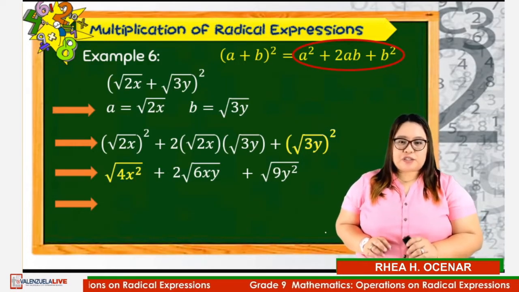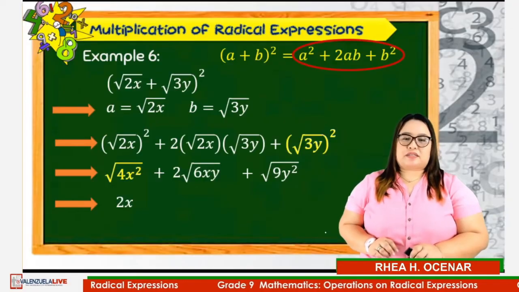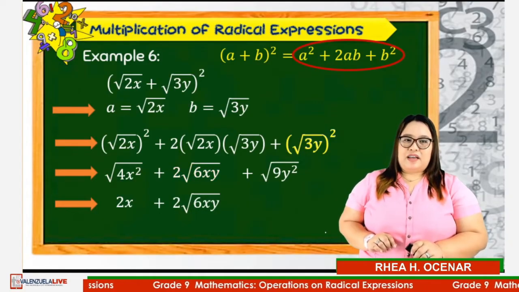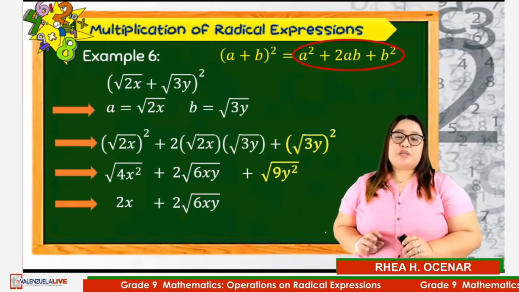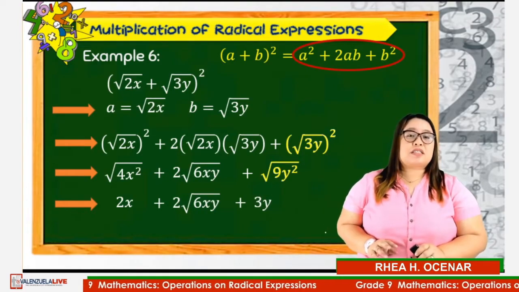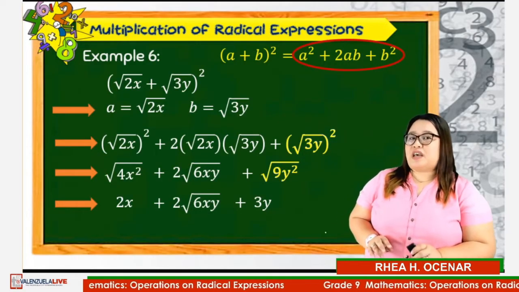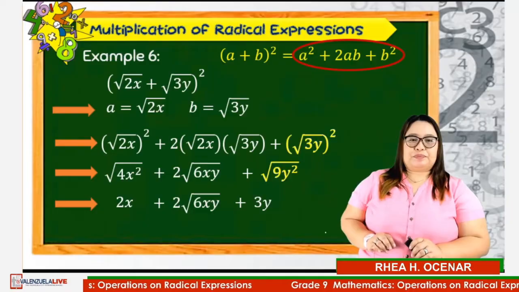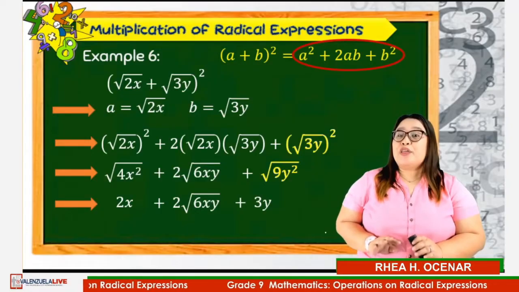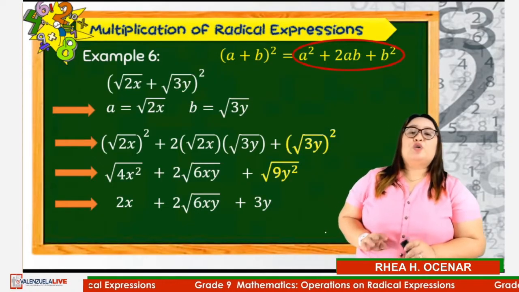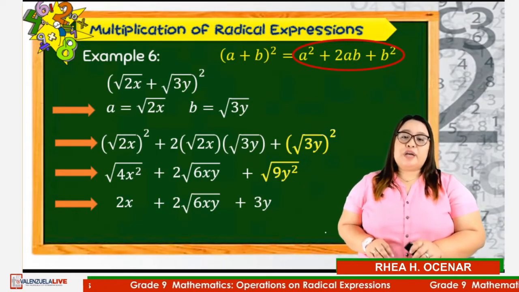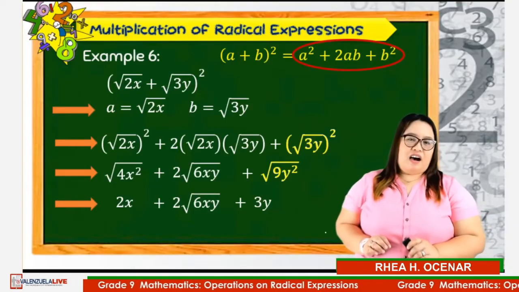Simplifying square root of 4x squared, we have 2x. Copy 2 square root of 6xy. And square root of 9y squared, we have 3y. We have now 2x plus 2 square root of 6xy plus 3y. Are there any similar terms? Very good. There are no similar terms. Therefore, 2x plus 2 square root of 6xy plus 3y will be our final answer.